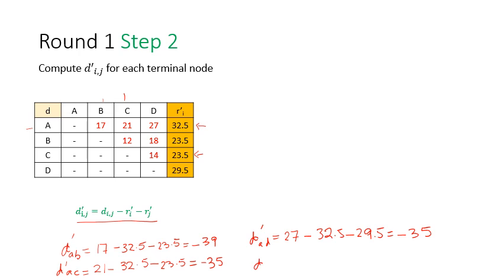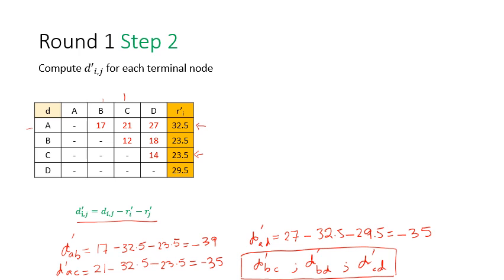Similarly, d prime of BC will be computed, d prime of BD will be computed, and d prime of CD will be computed. So pause this video here and compute these values yourself and see if you can compute the values correctly or not.